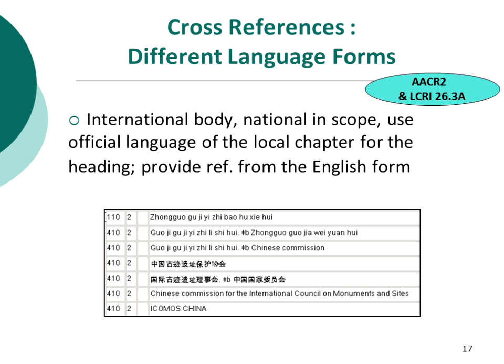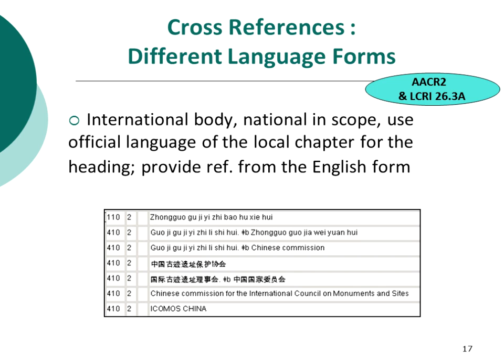This is, I call it, an exception. The reason is this is an international body, but it's national in scope. So in this case, we use the official language of the local chapter for this heading, and then the English form becomes a reference.